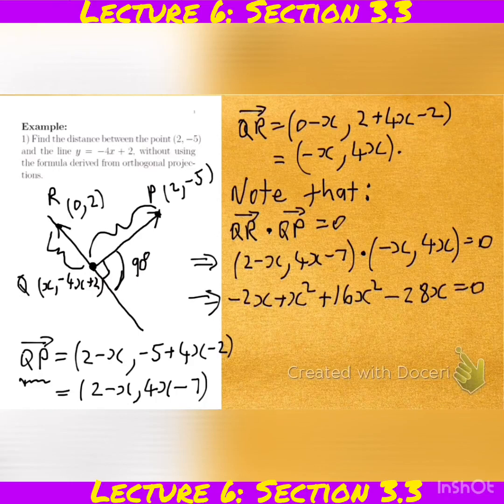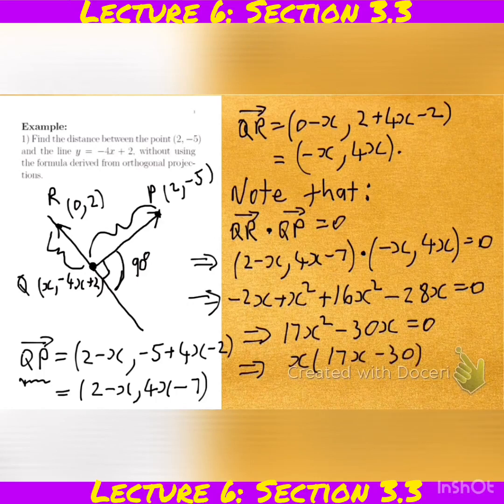That's going to be 0, and if you work everything out, you get 17x squared minus 30x equals 0. You can solve that as x times 17x minus 30, which implies that either x is 0 or x is 30 over 17.